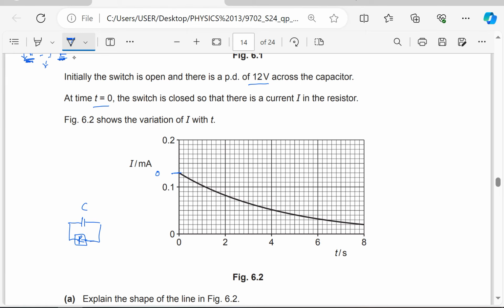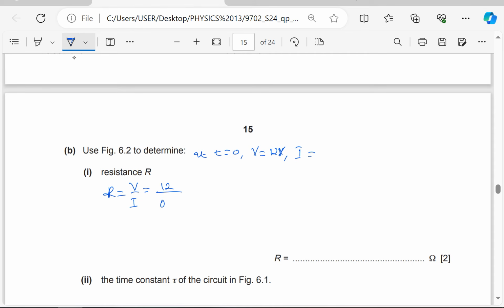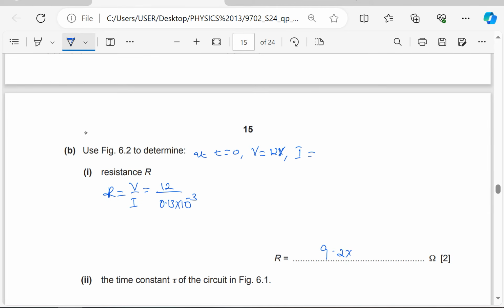I think this is 0.13, so it is 0.13 milliamperes. So 12 divided by 0.13 times 10 to the power of minus 3 is 9.2 times 10 to the power of 4 ohms.